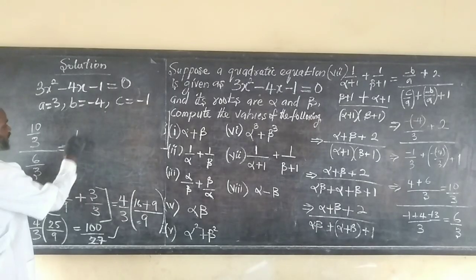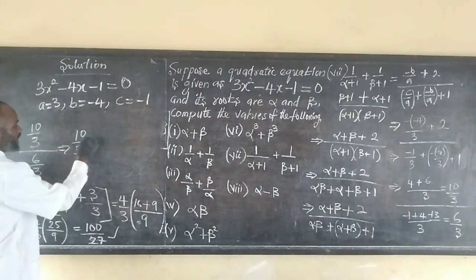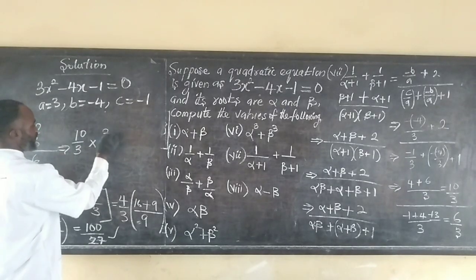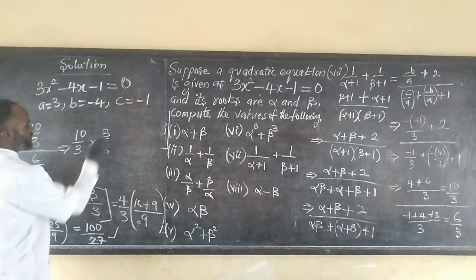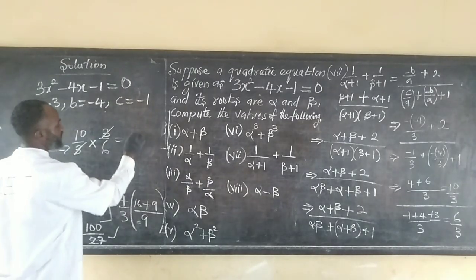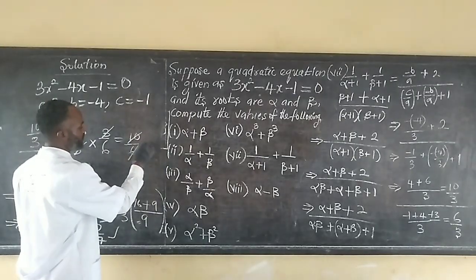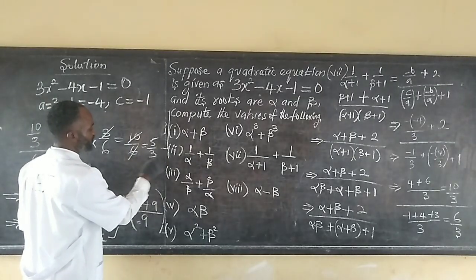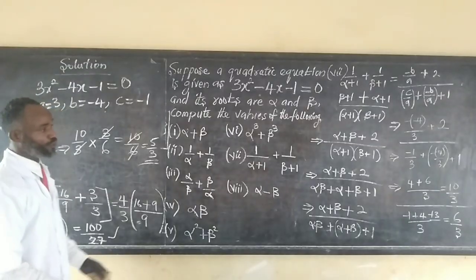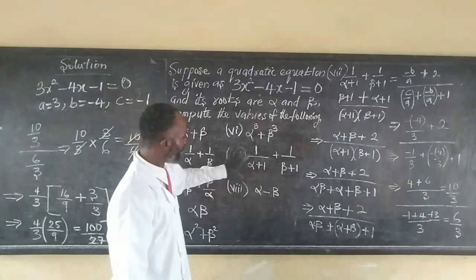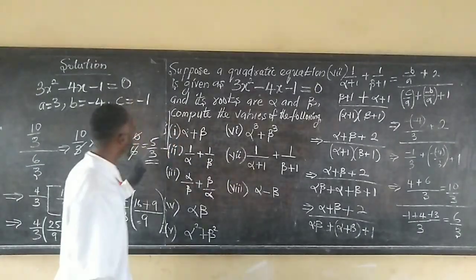This boils down to 10 all over 3 times 3 all over 6. This can cancel out, and we have 10 all over 6. And 2 goes, 5 and 3. Solved. So this is 5 over 3.